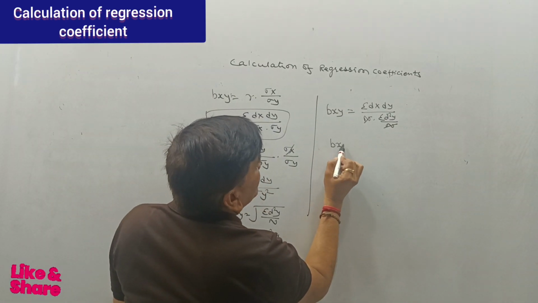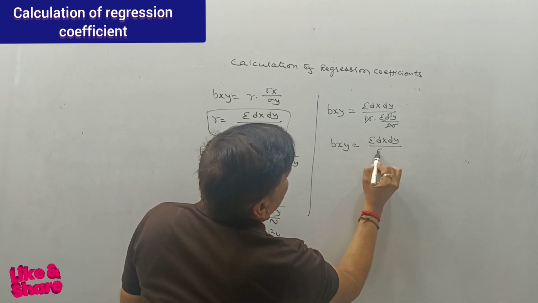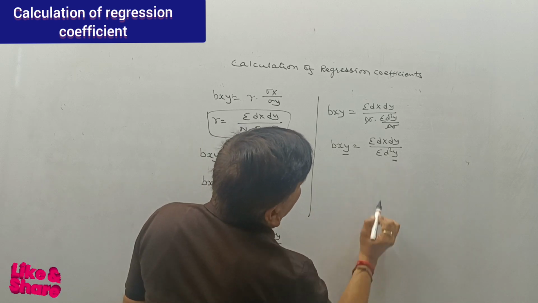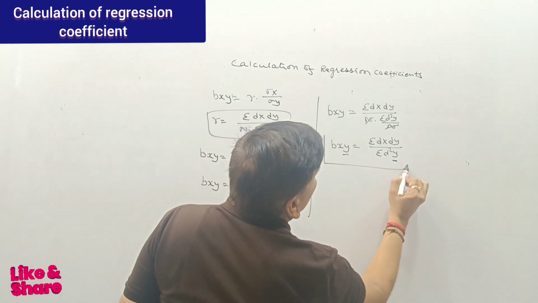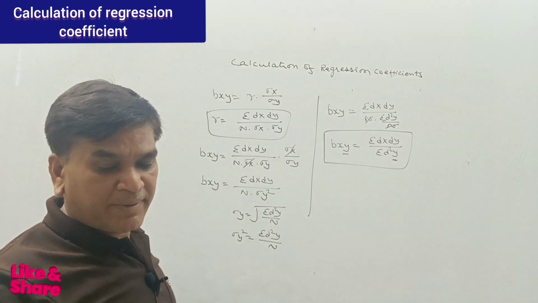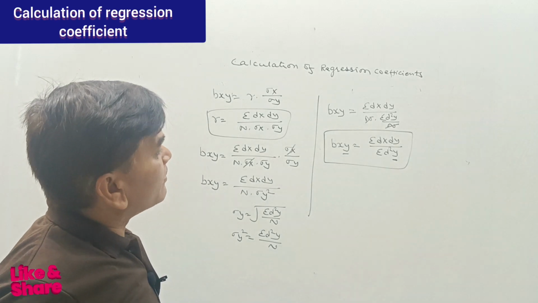So bxy will be sigma dx dy upon sigma d square y. So this is the formula of calculating bxy, that is sigma dx dy divided by sigma d square y.